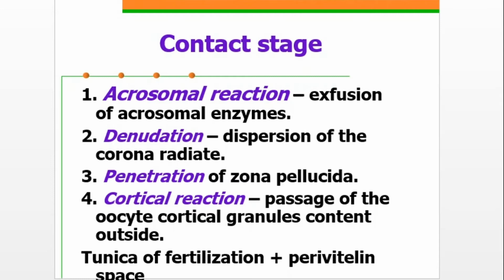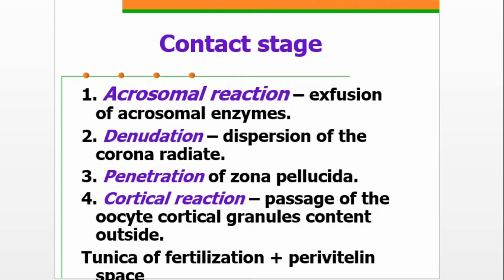Let me remind you that the acrosome is a special structure on the anterior part of the head of the sperm cell, which is a modified Golgi apparatus which contains vesicles rich in enzymes such as hyaluronidase and proteinase, which are very helpful for penetration of the outer layers of the secondary oocyte, which are corona radiata and zona pellucida.